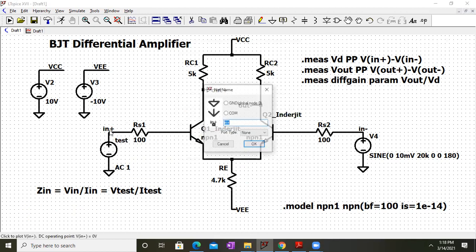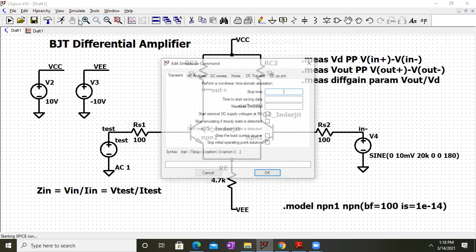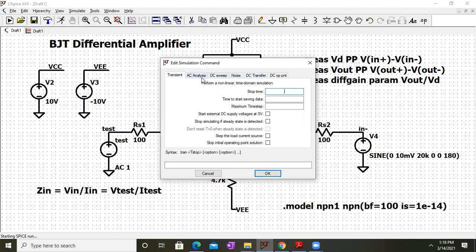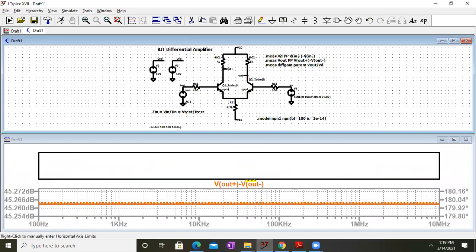Also rename the label as test. Now we go to simulate and click on run. It will ask for the analysis. So go to AC analysis, set the type of sweep as decade, number of points per decade 100, start frequency 100, stop frequency 10 mega, and click on OK.